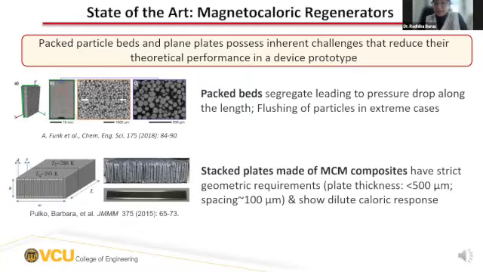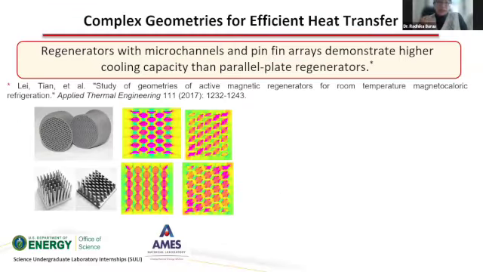It's really hard to make. They show a diluted caloric response because of the presence of a binder. And so the community is still looking for solutions. There are theoretical papers that show that if you make microchannels, or if you make materials with pin fin arrays, they would demonstrate a higher capacity than parallel plate regenerators.